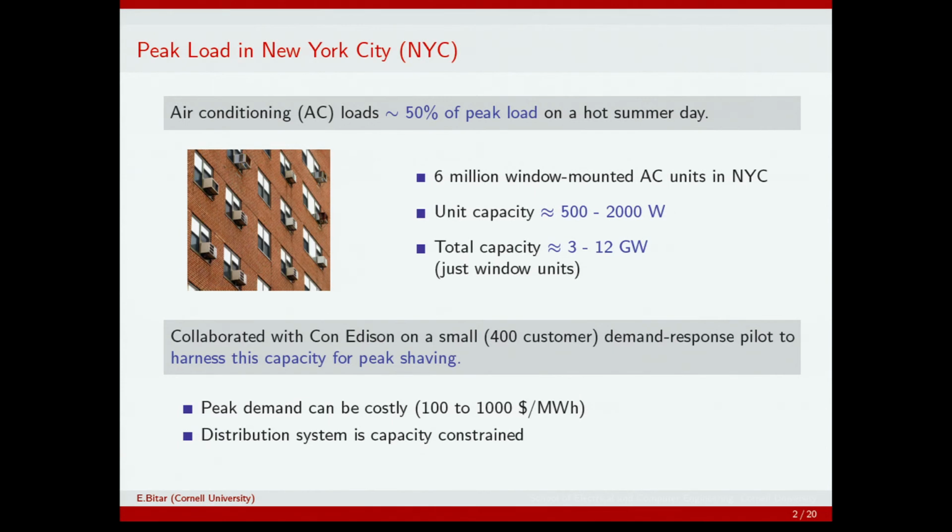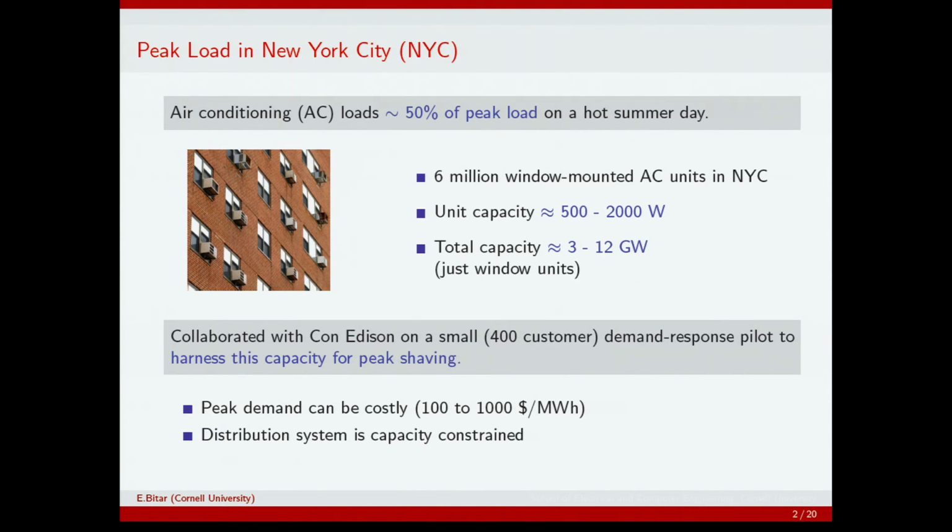That's equivalent to several nuclear power plants. So the basic question: they've been doing this for quite a while using the more traditional incentive mechanisms that I just described to you. But the basic idea is, can you design incentives which would induce customers to reduce their temperature set point on very hot days? Because on those days, the utility faces a very high price for electricity in the wholesale market.